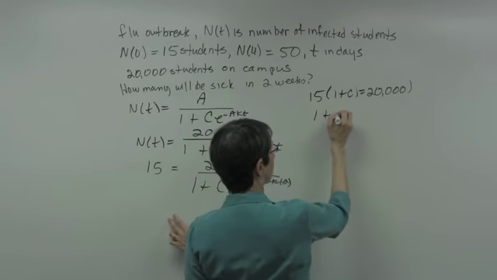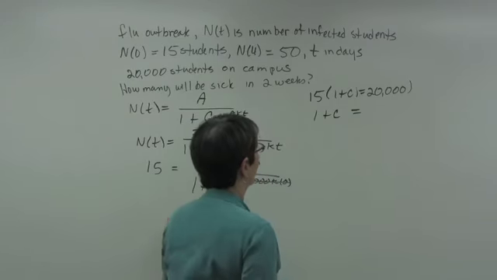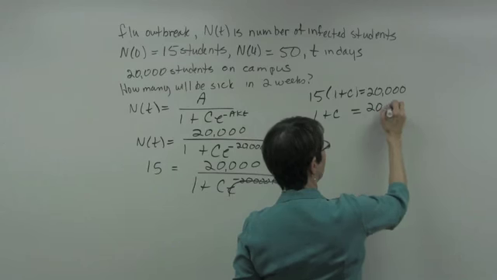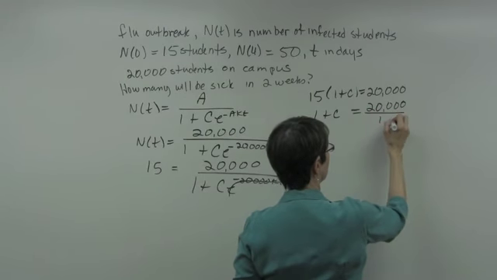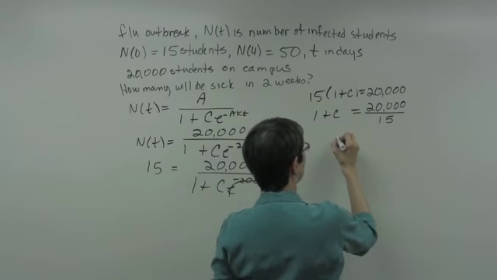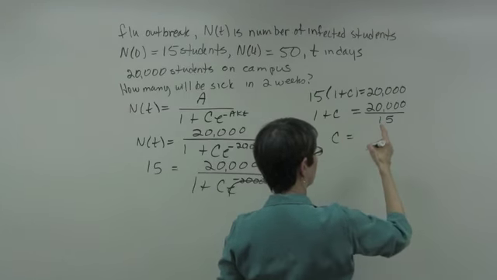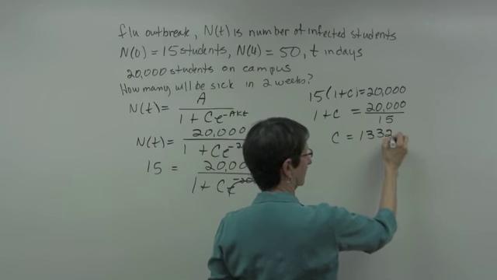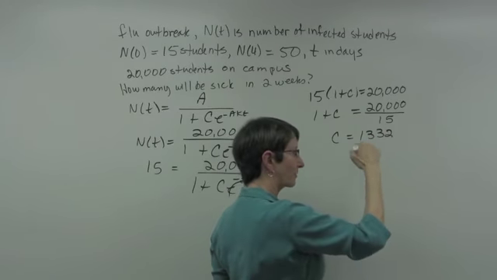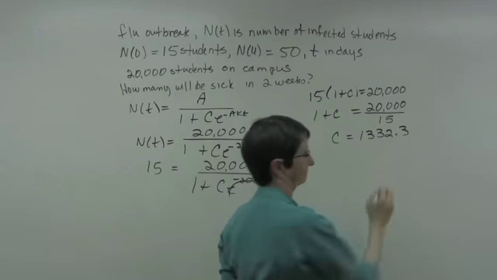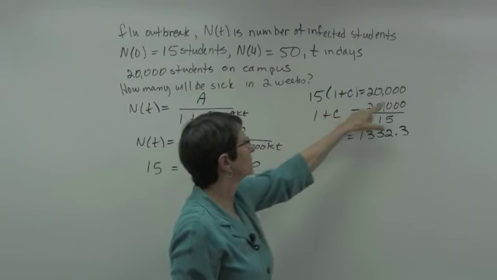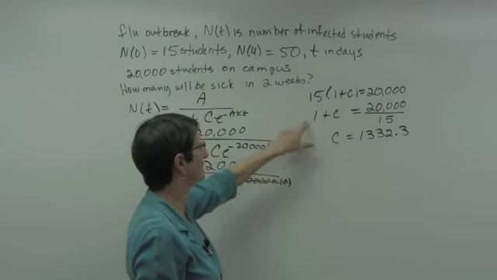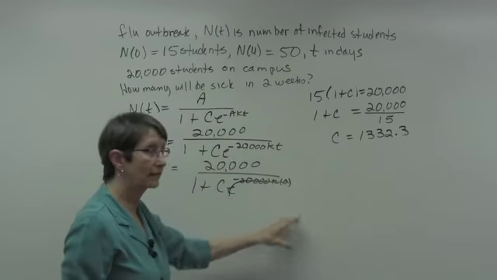If I take my 1 plus C, I can do 20,000 divided by 15, and then I subtract 1. So my C value ends up being 1332.3. You do the division and then you subtract 1. Now some people multiply through by 15, but I tend to just divide first. That's our value for C.